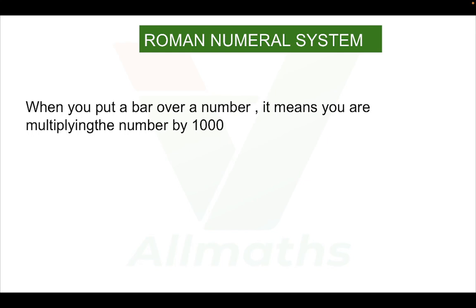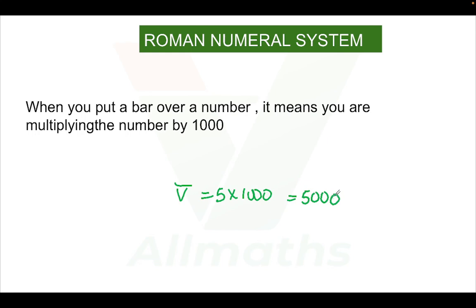Meaning that in Roman numeral, if I have my V, which is 5, with a bar, it represents 5 multiplied by 1,000, which is what? 5,000. So that's how you write bigger numbers.